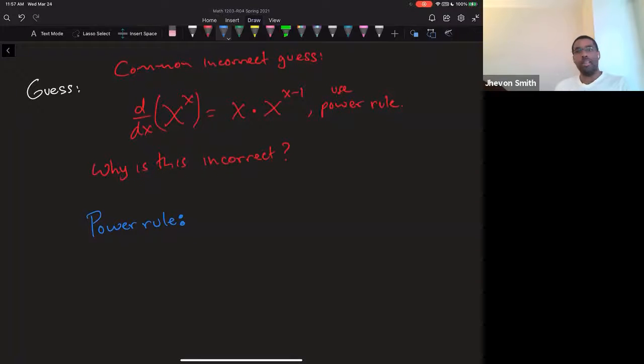If you were to state the power rule, what would you say? You guys forgot the power rule? Can't forget the power rule. Power rule is like super important.